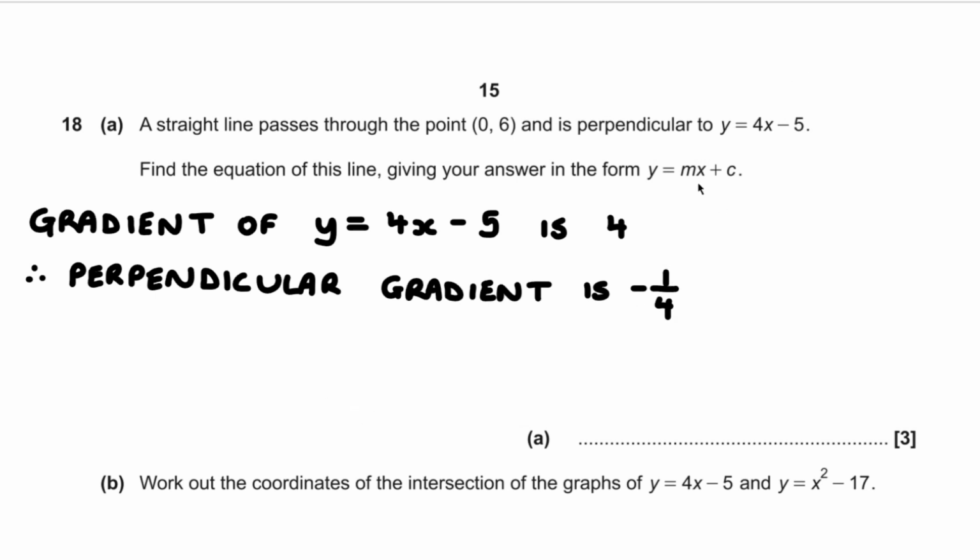So our m is negative 1 over 4. Our c is 6, which means our equation of the line is y equals negative 1 over 4x plus 6.